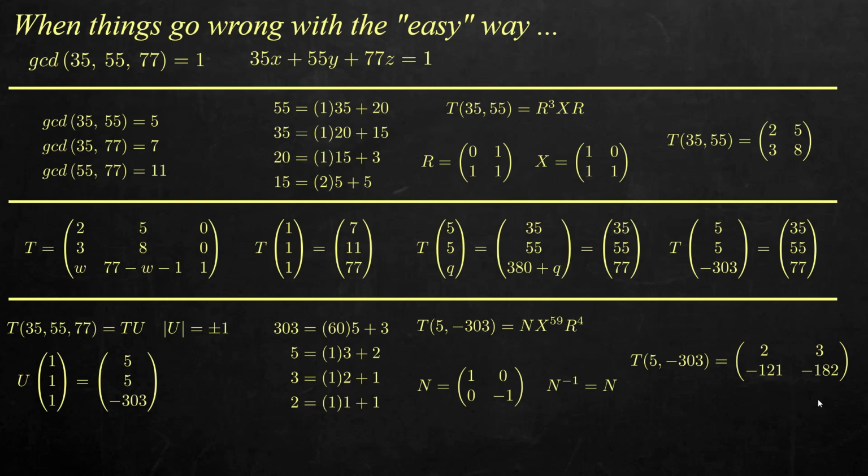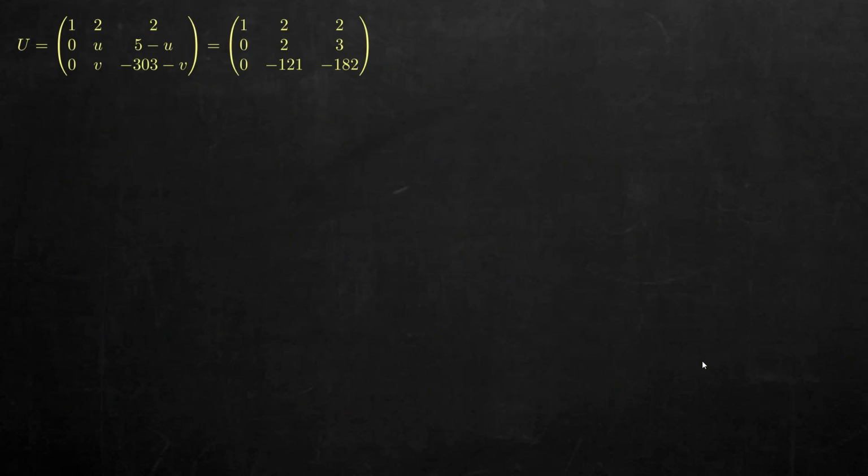So we will use this matrix to build a new unimodular matrix U, which maps vector (1, 1, 1) to (5, 5, minus 303).